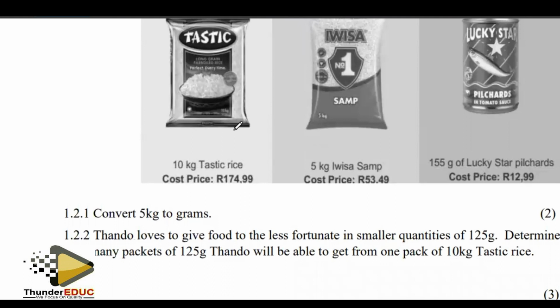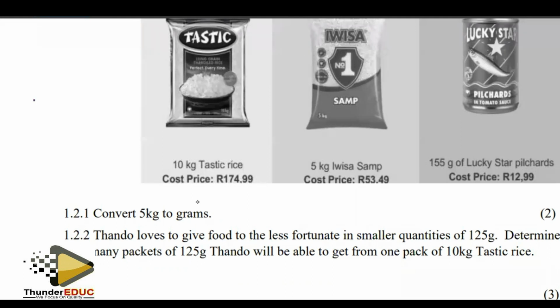We have Tastic 10 kg rice, 50 kg of samp, then 150 grams of Lucky Star pilchards. That's what you usually buy. Now 1.2.1, they ask you to change kilograms to grams.